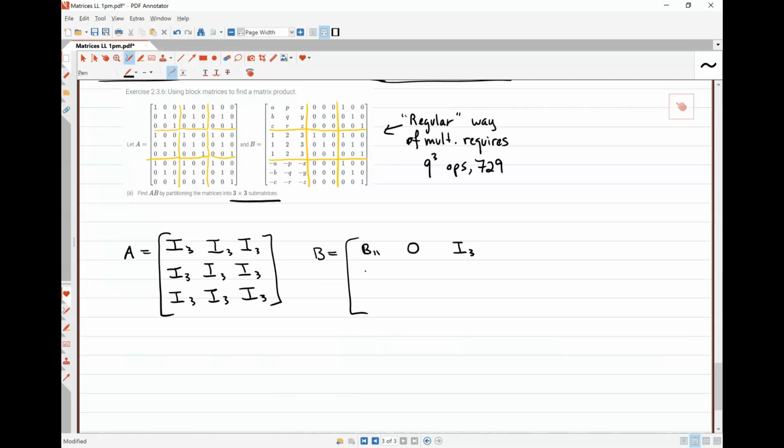And now in the next row, it's got some stuff in it in the first block in the second row, and then it's got 2 identity matrices. And then it's got some stuff in the lower left block, and then it's just got a zero matrix and another identity matrix.